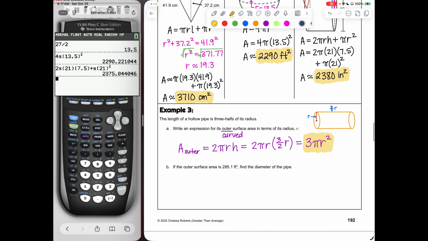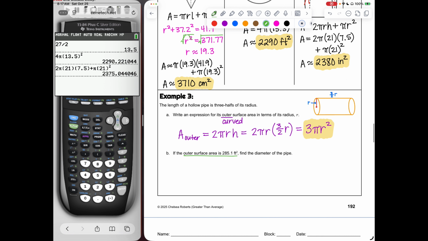Now they ask us as a follow-up, if the curved outer surface is 285.1 feet squared, find the diameter of the pipe. They gave us the outer area, so we're going to have 285.1 equal to 3 pi r squared.